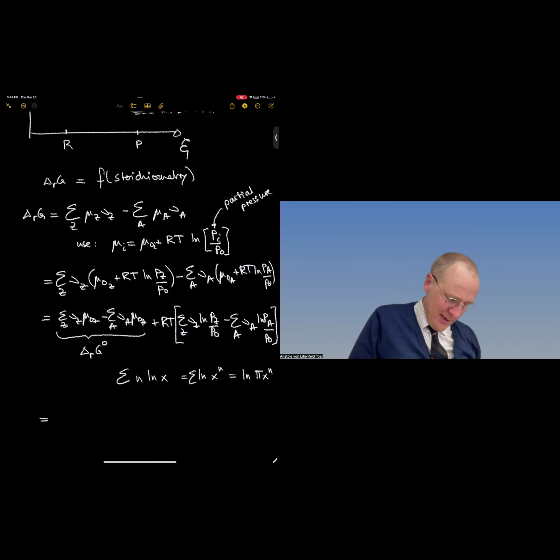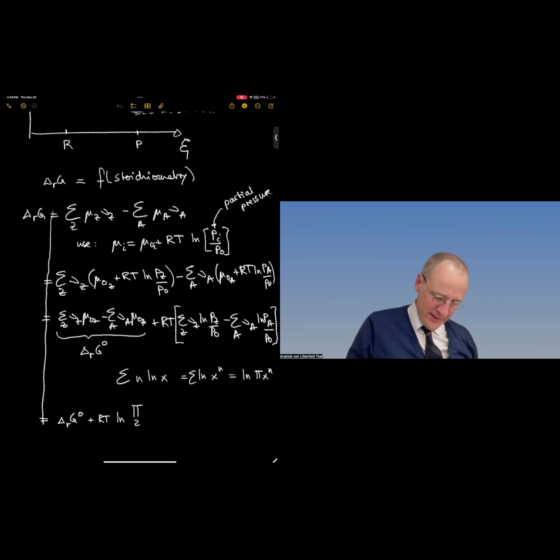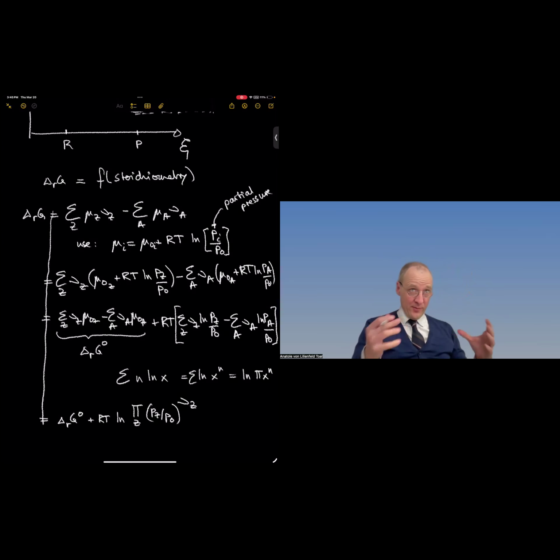So what you have now for your delta_r G is your delta_r G0 on the standard conditions plus RT logarithm of the product over z of p_z over p0 to the nu_z. And that's for the products.